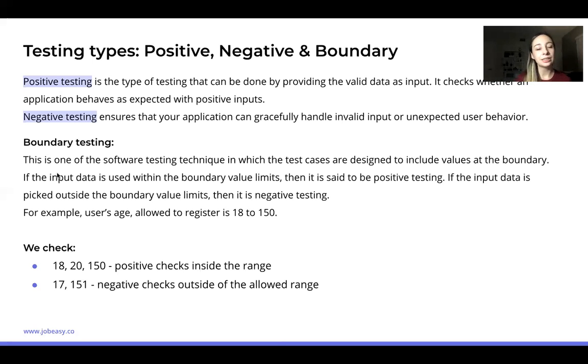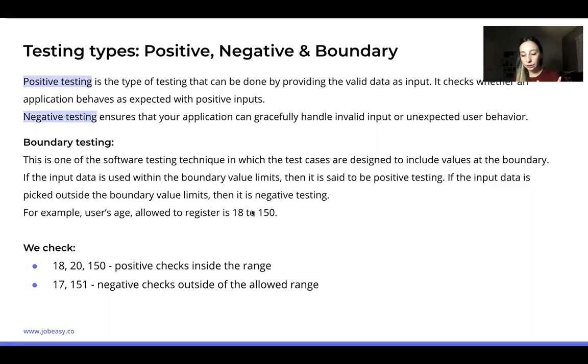So boundary testing will help us to test around the borders. When you see rules like this, the right approach is to verify values around the borders of your testing.